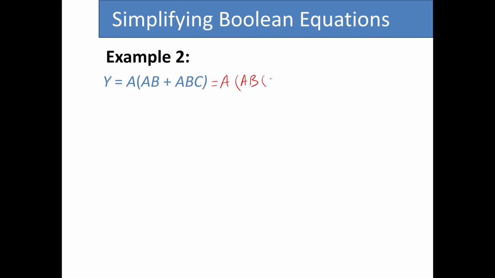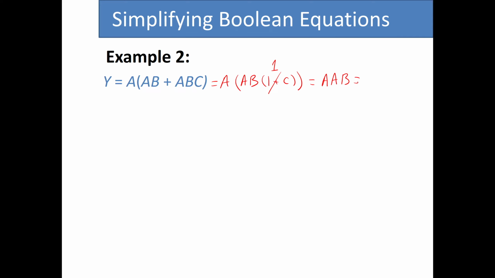So we have AB multiplied by 1 plus C. Based on one of the theorems, more specifically the null element theorem, we know that this is 1. So ORing any variable with 1 is 1. So that means that this is now simplified to A, B.